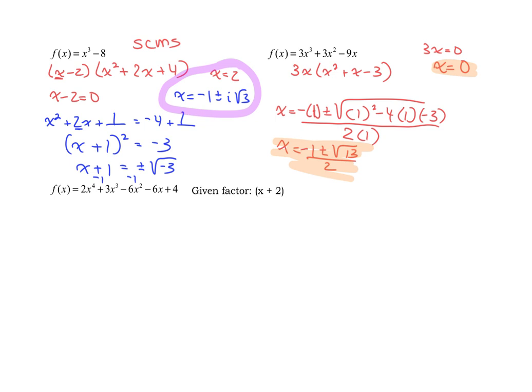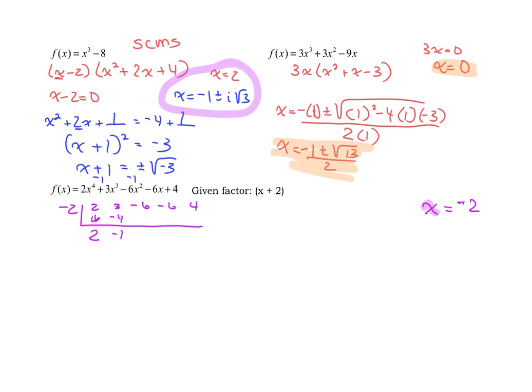I'm giving you a factor, so we're going to start off. So I already know that one of the solutions, whoops, I did it again, I keep doing that, is x equals -2. So -2, 4, 3, 2, 1, 0. I have all my coefficients. So drop down that 2. -2 times 2 is -4.